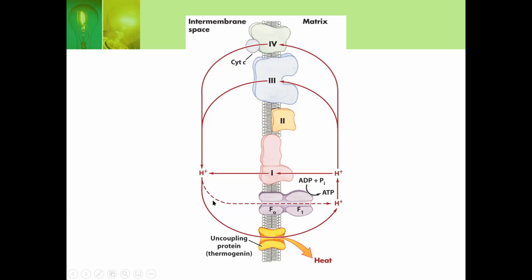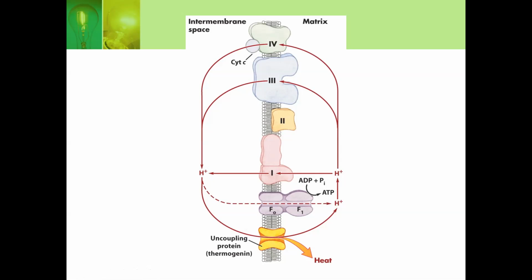The uncoupling protein, when it's made, is inserted into the inner membrane of the mitochondrion, and this serves as a pore for the protons that are pumped out into the intermembrane space to re-enter the matrix without the benefit of ATP synthesis. However, this entry of protons generates heat. Generates, in fact, a fair amount of heat.